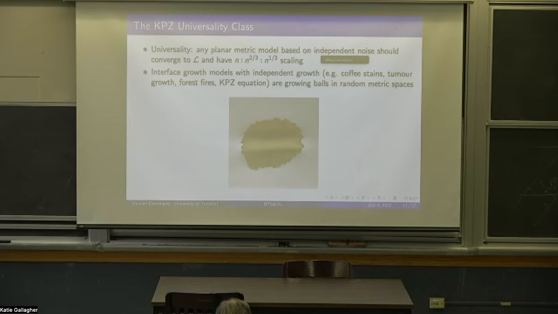So these are often the things that people think of as physical models for this KPZ universality: coffee stains, tumor growth, forest fires. The thing that this is named after is called the KPZ equation, or Kardar-Parisi-Zhang. And it's some stochastic PDE, which is fairly hard to define, and definitely hard to understand rigorously. I'm not really going to talk about that, but that's kind of where this area is from.